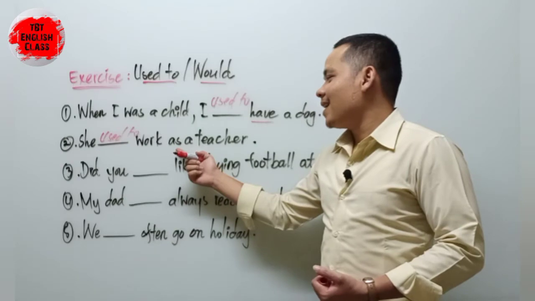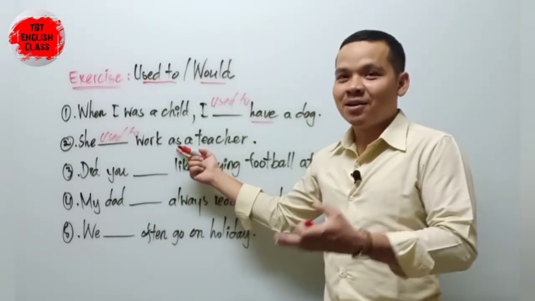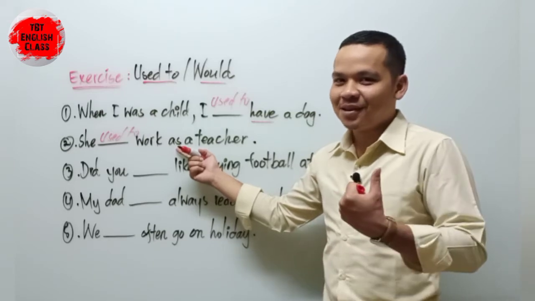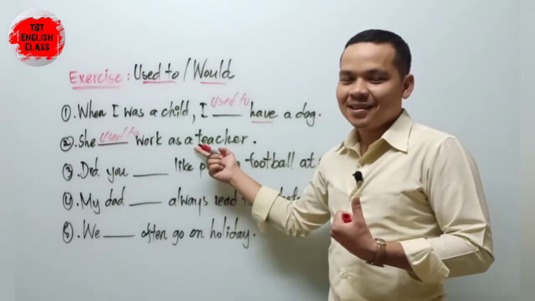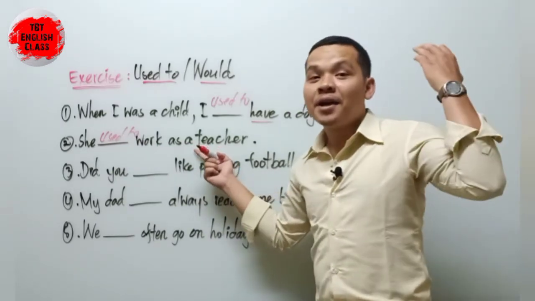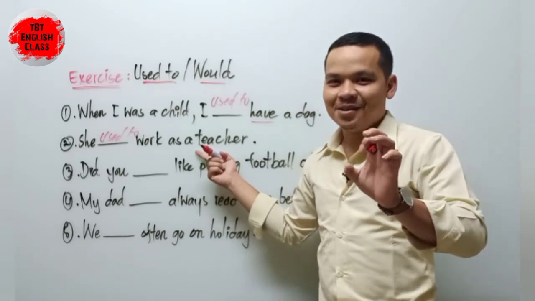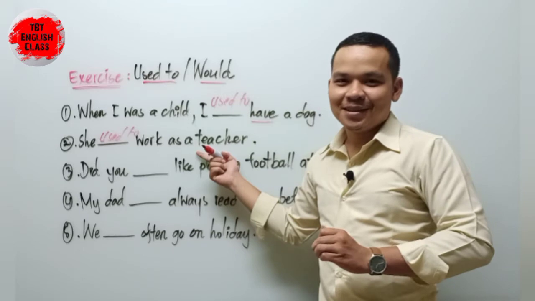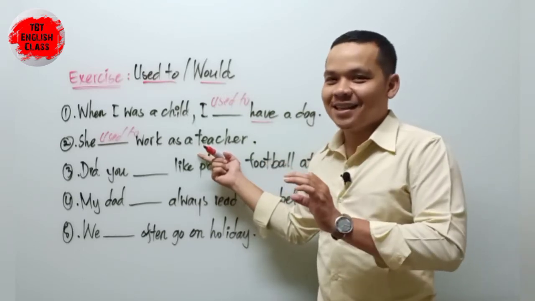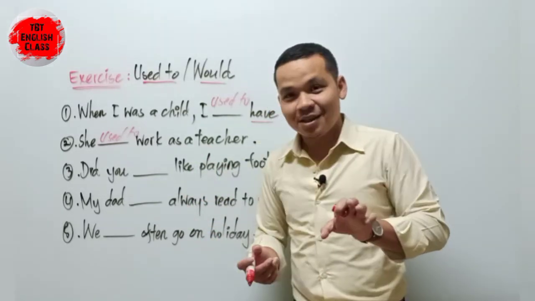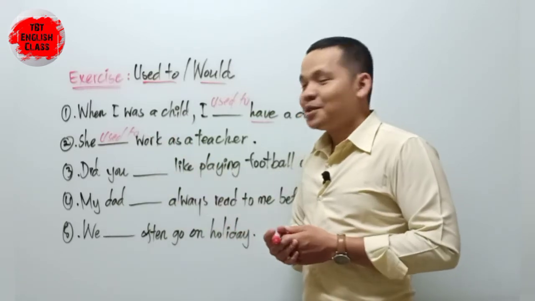Because as a teacher, we talk about a state, or we talk about a position before. So we use used to work as a teacher. Because we talk about her past situation, her position, which is teacher. We don't talk about the activity or the action, but we talk about the position. We talk about the career of someone.